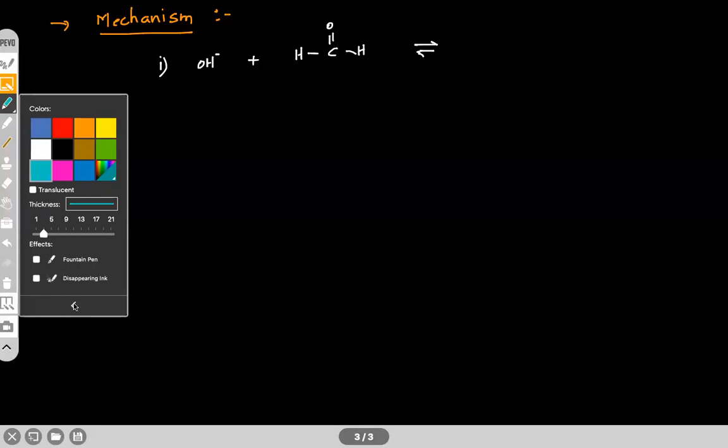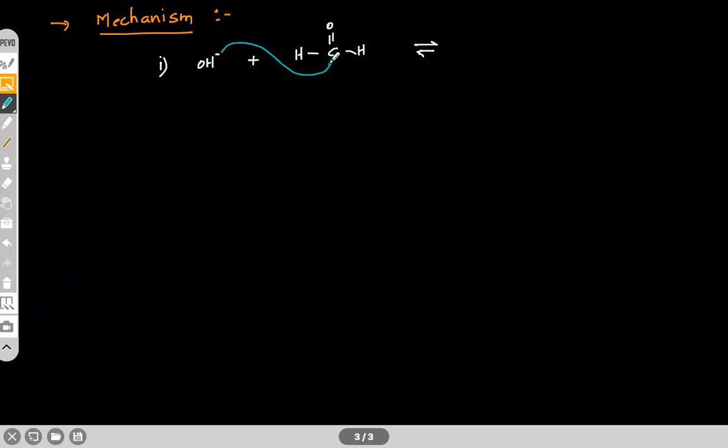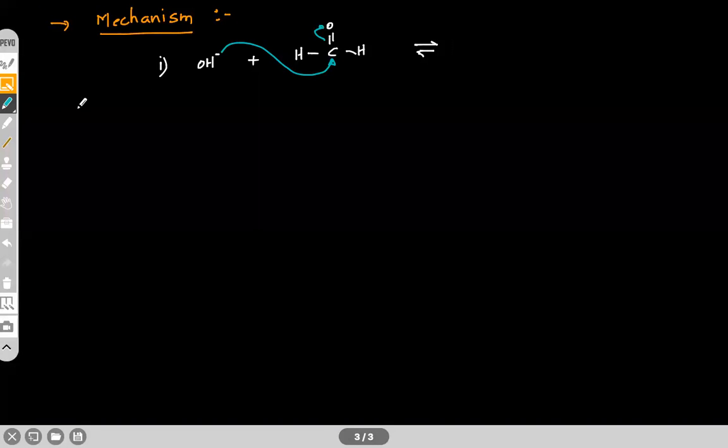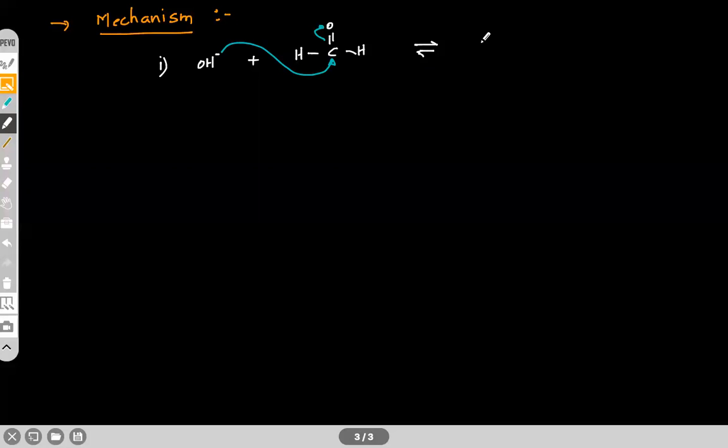Okay. Now the mechanism, you see, the first step of this reaction is the attack of base OH minus on the carbonyl carbon, that is HC double bond O. So this O minus attacks onto this carbon, the pi electron moves up and it converts into H C O minus, with OH.